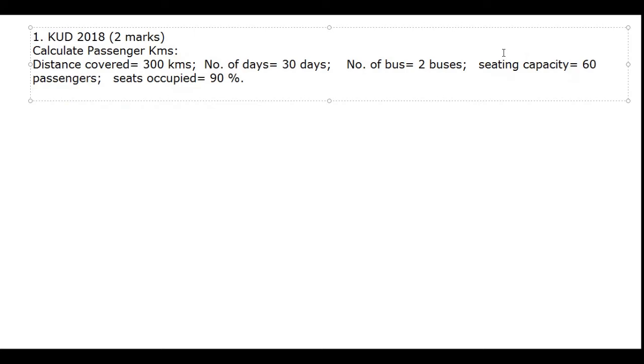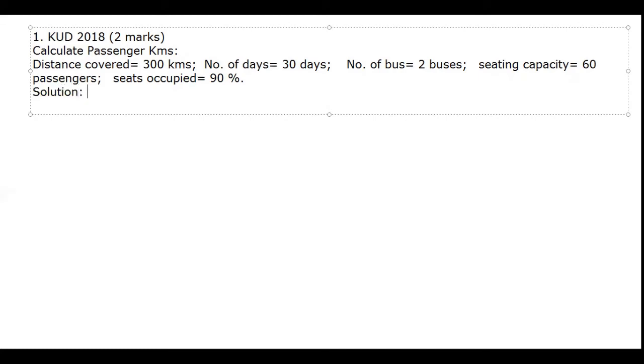Calculate passenger kilometers. Information given: distance covered 300 kilometers, number of days is 30 days, number of buses is 2 buses, seating capacity is 60 passengers, seats occupied is 90%. These are the information given in the problem. Let's solve this.